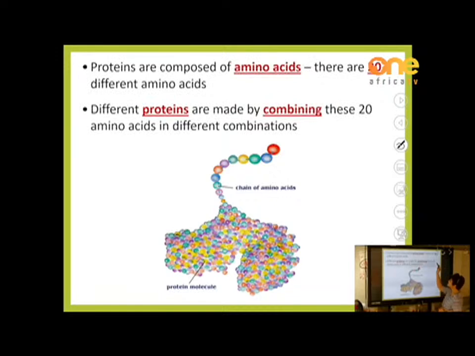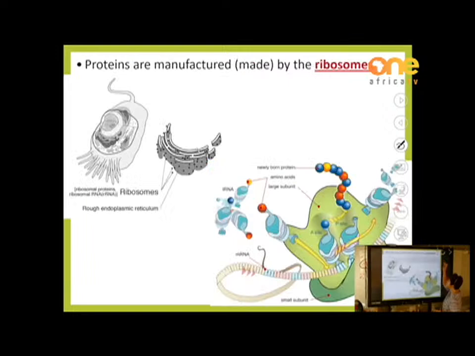We have 20 different amino acids, and how do we get the amino acids? We get the amino acids by what we eat, right? So, these amino acids will be part of the ribosomes. The ribosomes will take all these different amino acids that we got from what we have eaten.